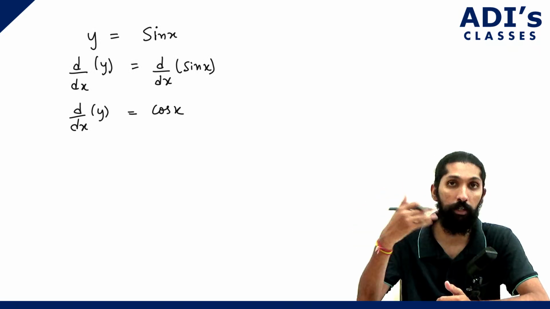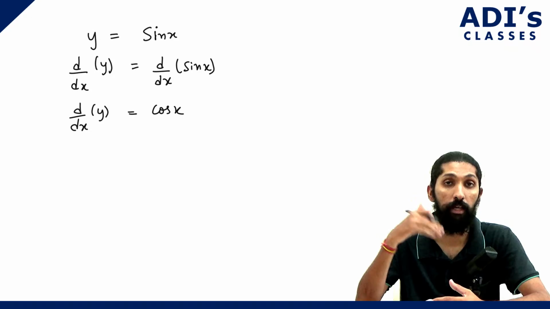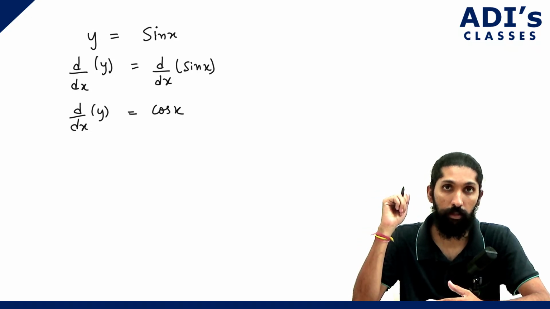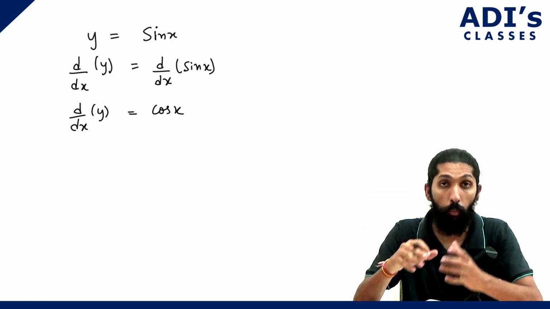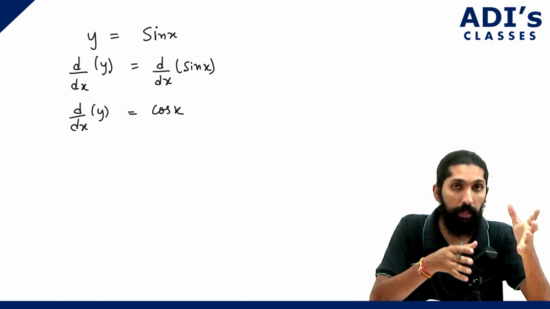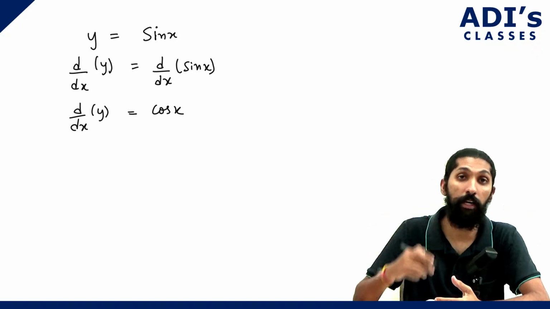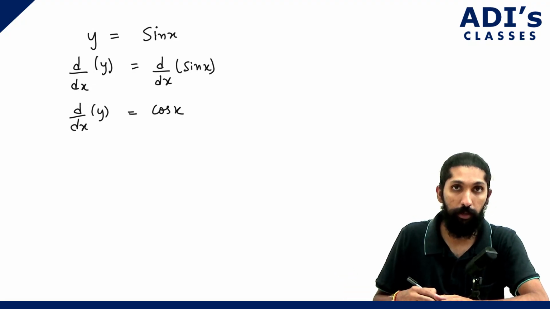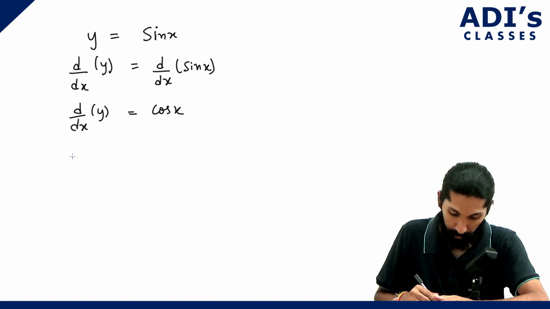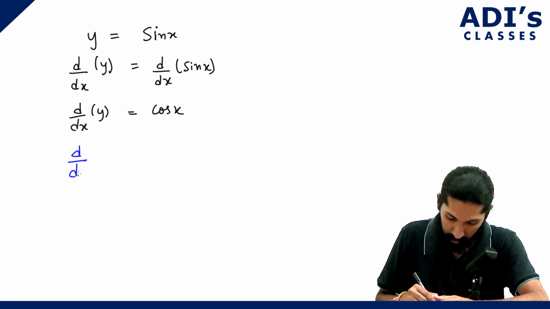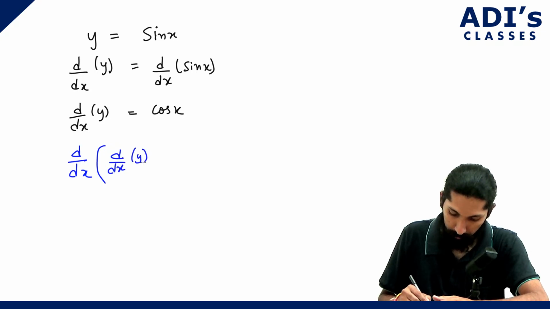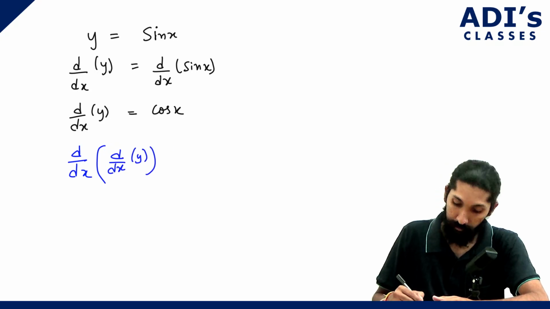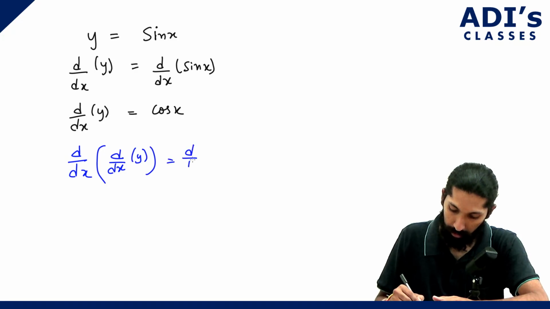This is the first order derivative. The next is the second order derivative. Clear? We represent it something like this. We have d by dx of y, and now we are going to get d by dx of y, which is d by dx of cos x.